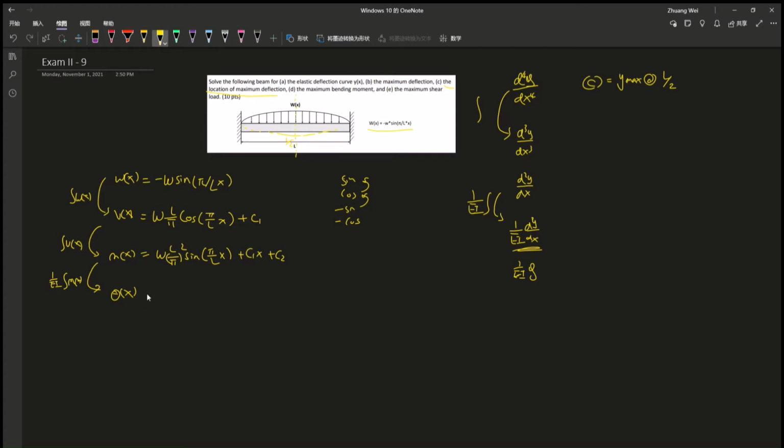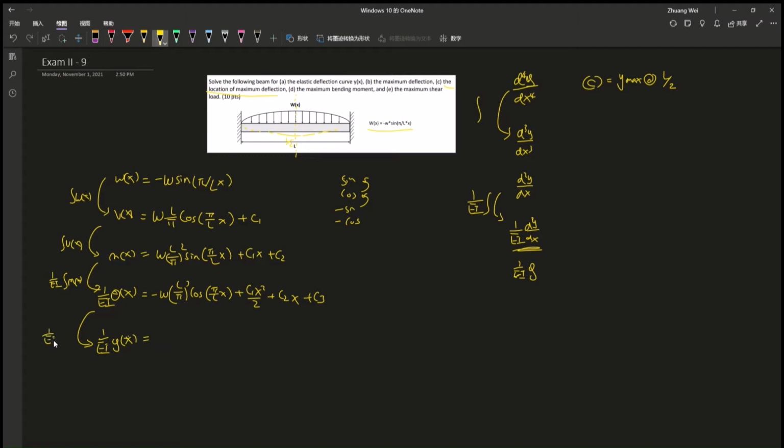Take the integration, so it's going to be negative W L over pi cubed cosine of pi over L x plus C1 x squared over 2 plus C2 x plus C3. You do that again, and finally we are here with y(x).